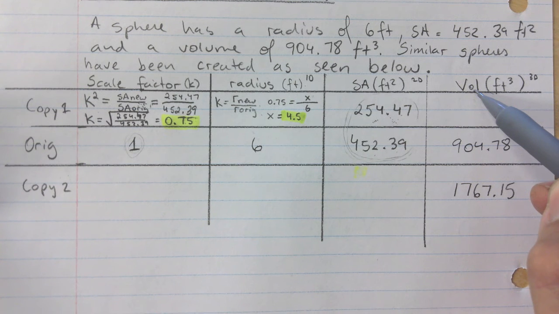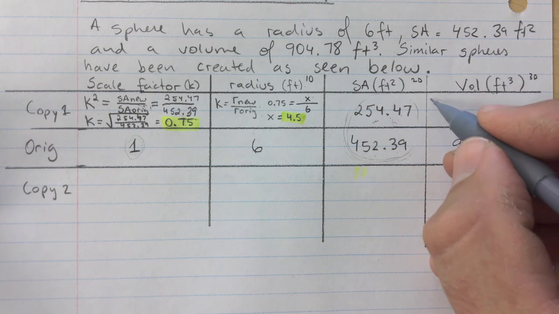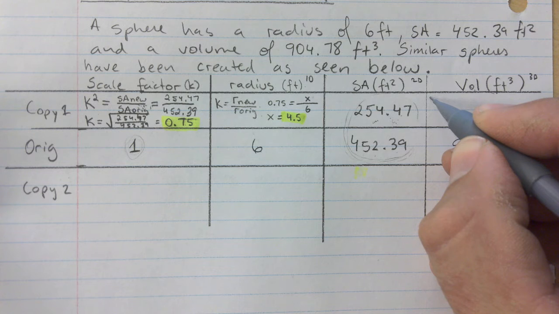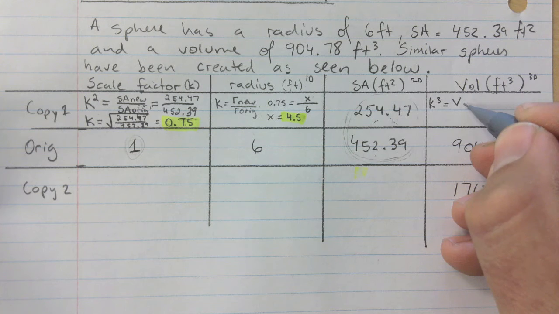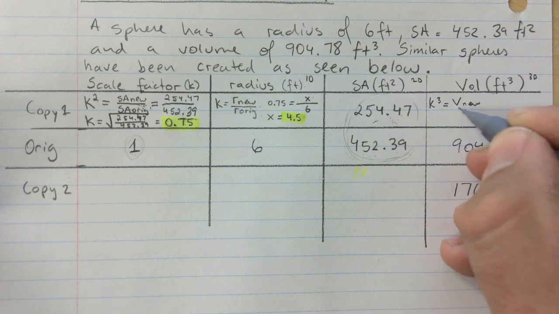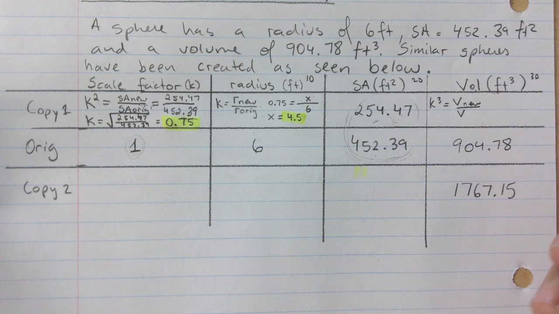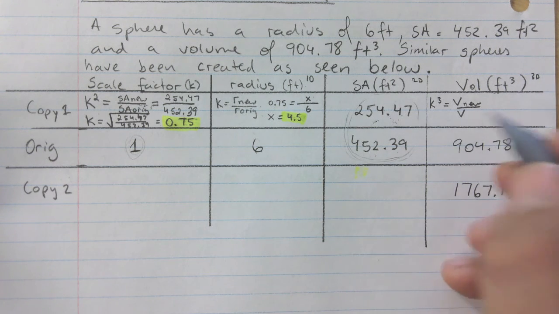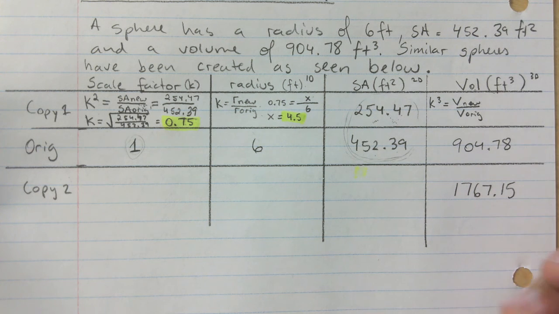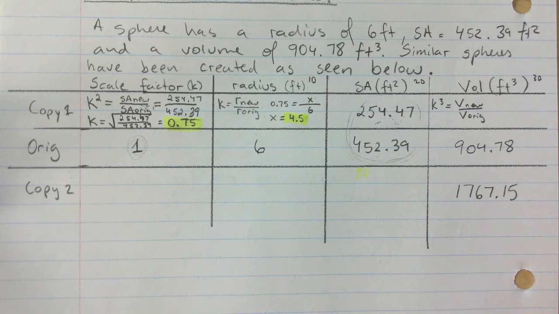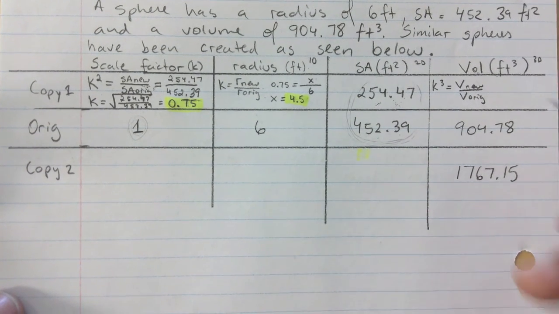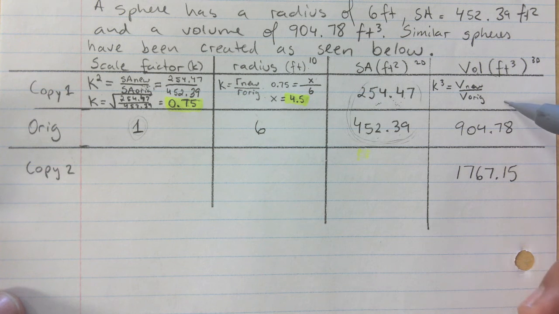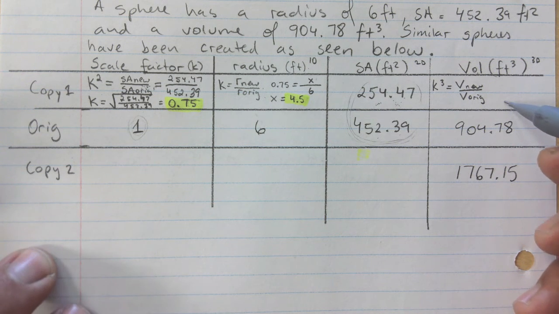Volume. Volume is K cubed, volume of new over volume of original. And I know I'm going to run out of room there. Can we do a little cheat here? I'm just going to go arrow out like this.